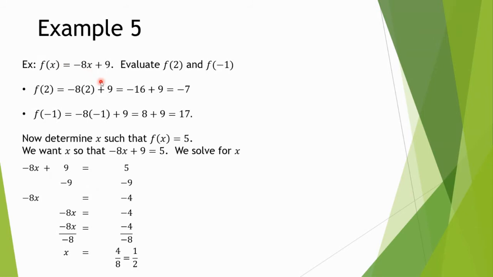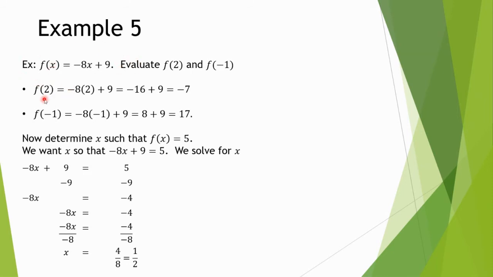All right. So again, let's evaluate functions. We're going to evaluate f at 2 and f of negative 1. So we're evaluating the function at 2 and at negative 1. Okay, so what would f of 2 be? Well, again, we're replacing x by 2, right? Our function's given by a formula.